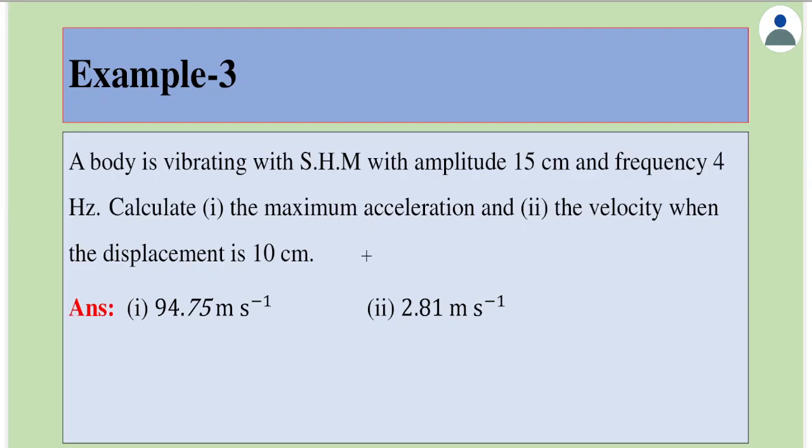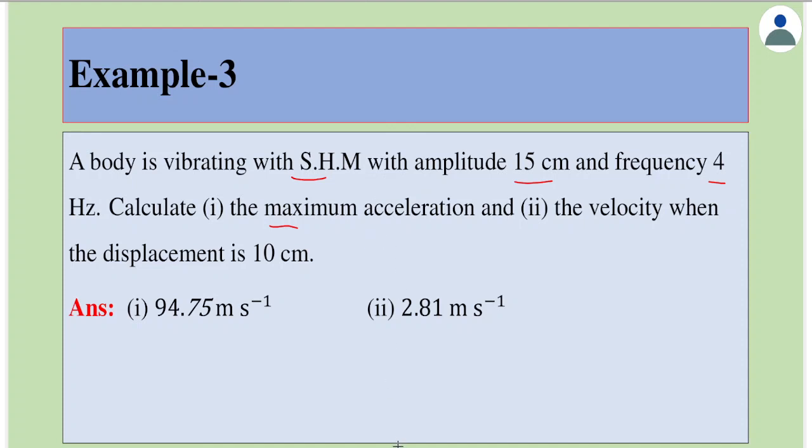Example 3 says a body is vibrating with simple harmonic motion with amplitude 15 centimeter and frequency 4 hertz. There are two parts to the question. First part says calculate the maximum acceleration. The second part is the velocity when the displacement is 10 centimeter.